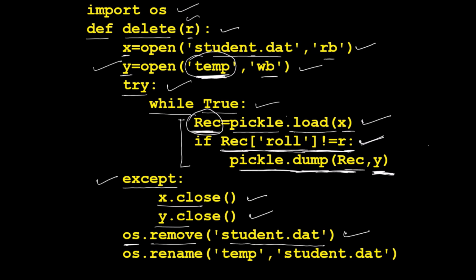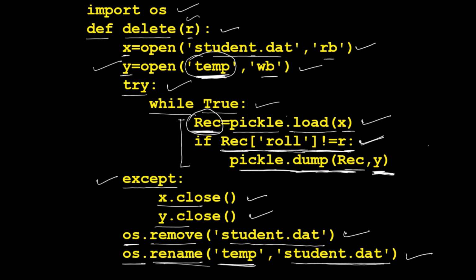The original file student.dat will be deleted from the hard disk, and then changing the name of the new file, that is temp, which we had created here, as student.dat using the rename method of the same module as os.rename('temp','student.dat'), with both names as strings.